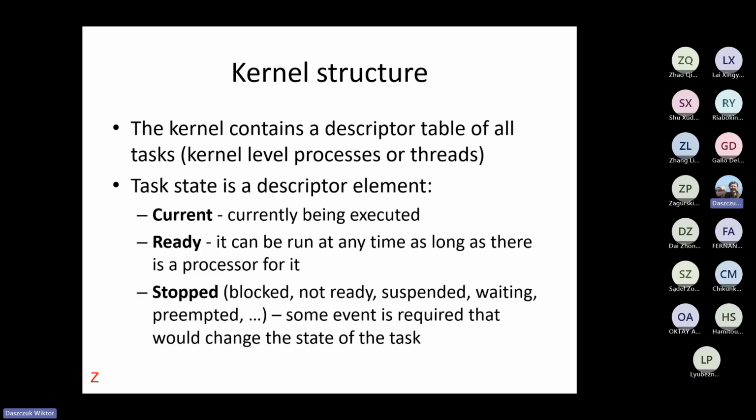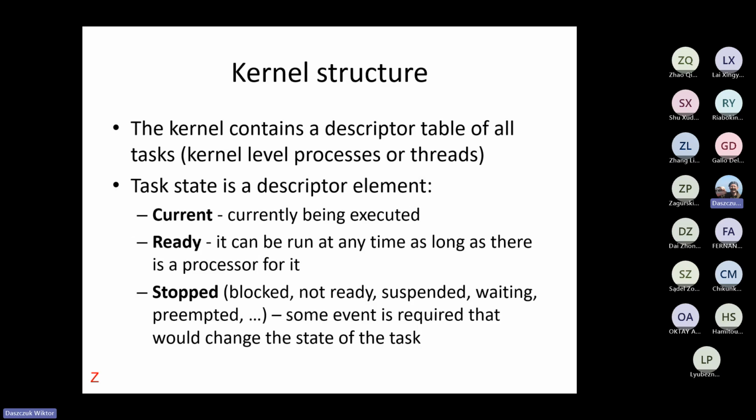From the perspective of the kernel, 3 states are important. There can be more states. In Unix, the state graph is highly complicated. But from the kernel point of view, there are 3 important states. Running is a process that occupies the processor.